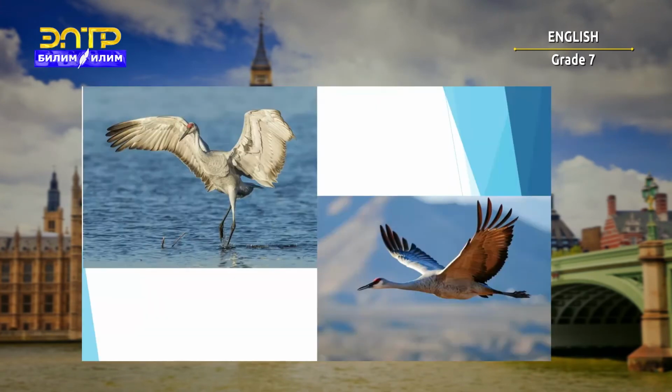The crane is a tall, graceful, wading bird. In Asian countries, it is a symbol of long life and happiness. Most cranes are migratory, which means they travel from one place to another, depending on the season. Cranes live on every continent except Antarctica and South America.